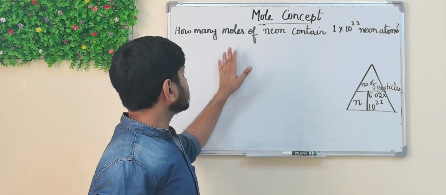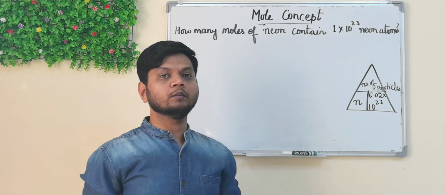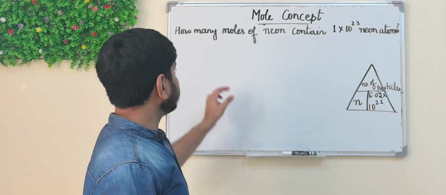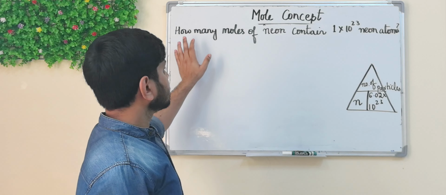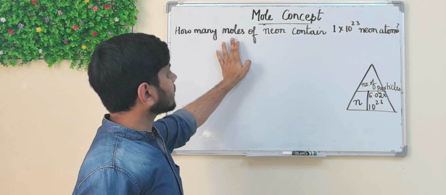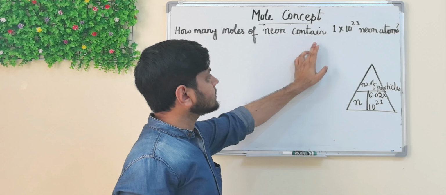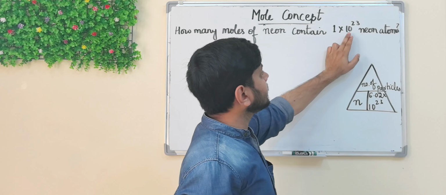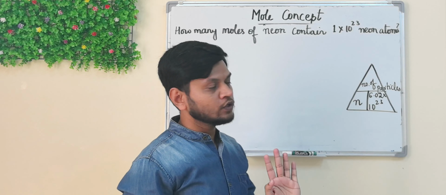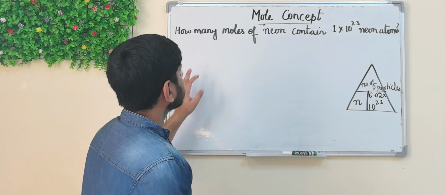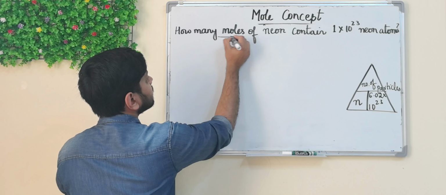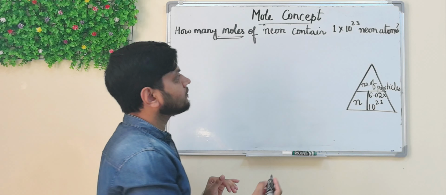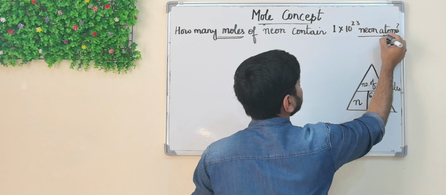Using this formula, let us calculate some problems so that we can understand this easily. The question is, how many moles of neon contains 1 into 10 to the power 23 neon atoms? So here they are telling us to calculate the number of moles, and they have given the number of neon atoms.